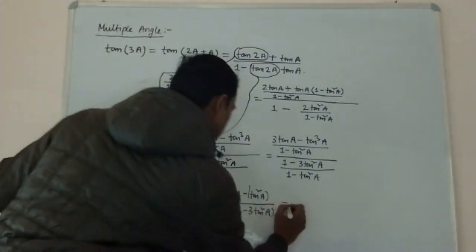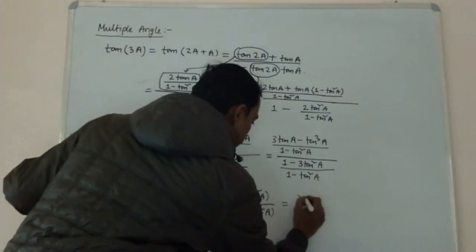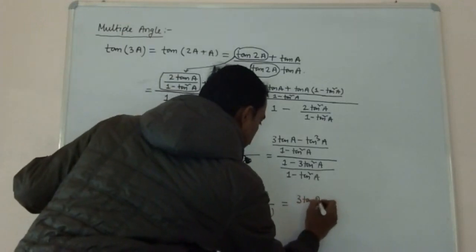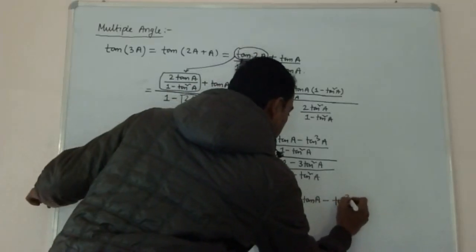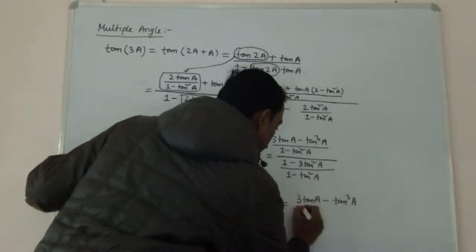Then the result is 3 tan A minus tan cube A.